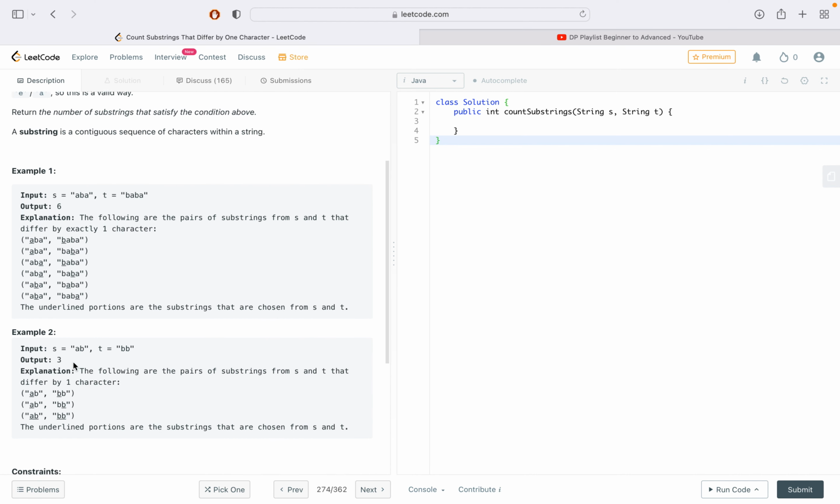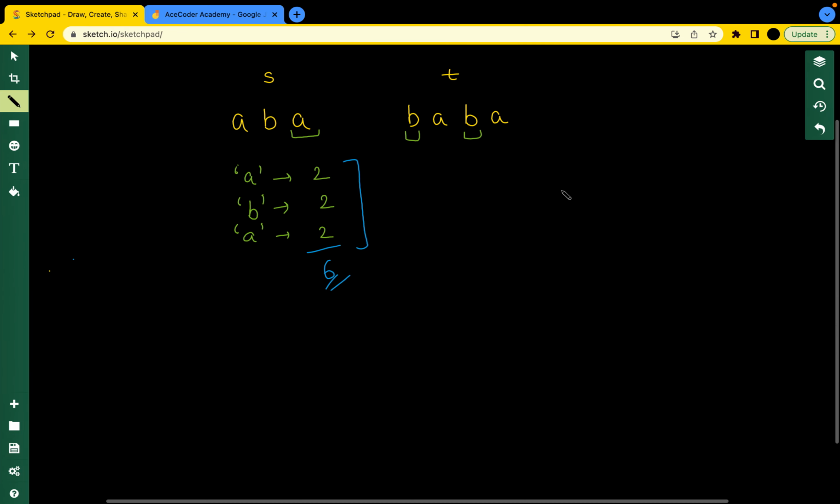And if we take this example, we are given A and B, and we are given B and B. If we take this A, then how many substrings are possible that differ by a single character? There are 2. So for a single A, there are 2. If I take B, no substring is possible which differs by one character.